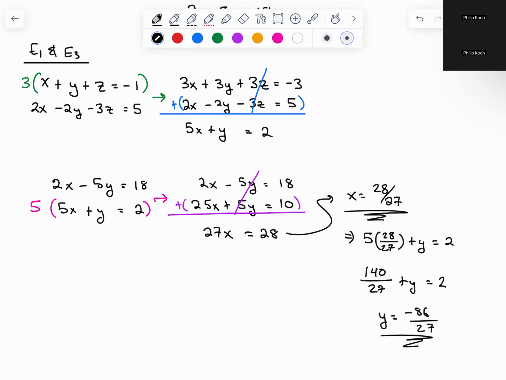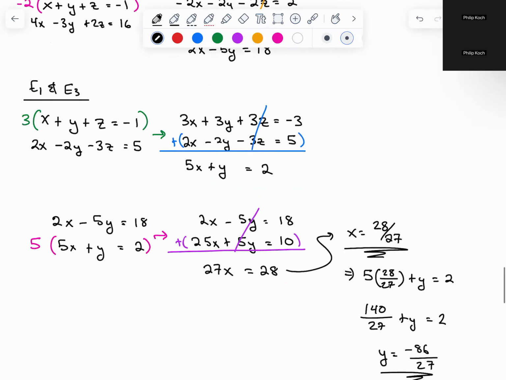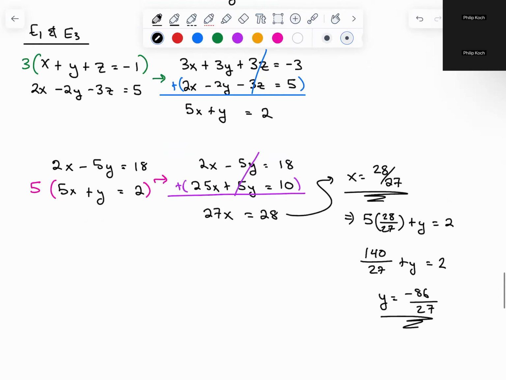Now we can use any of the equations to solve for z. That being said, I would definitely recommend E1 because E1 has one coefficient each time. It's 1x plus 1y plus 1z. So that's a perfect choice. And so we have 1x, so 28 over 27, plus 1y, so that's negative 86 over 27, plus z is equal to negative 1.